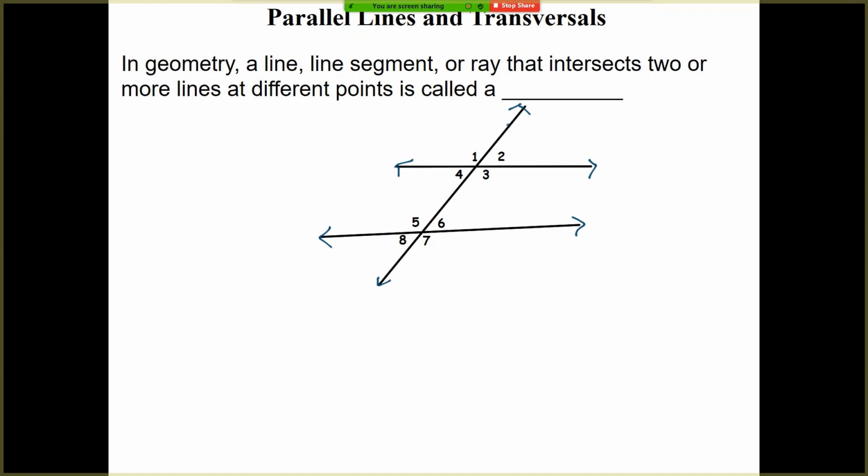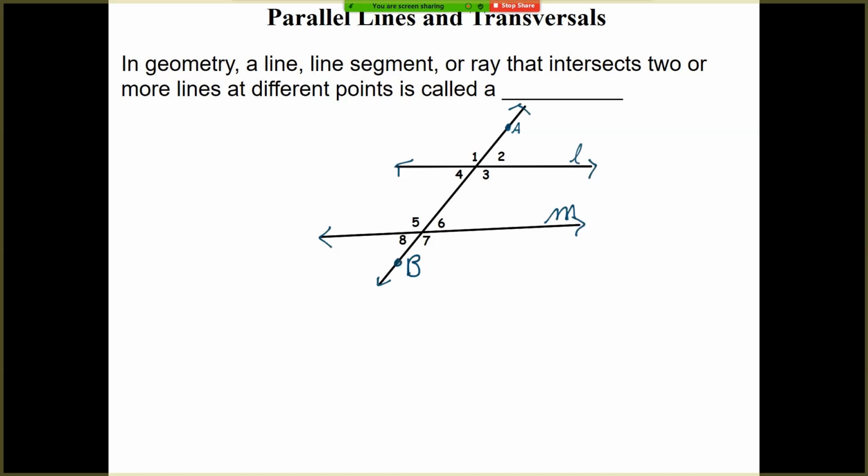Let's see, this is... I think. So this diagram kind of matches what you have. Again, I drew it, so it's not perfect.